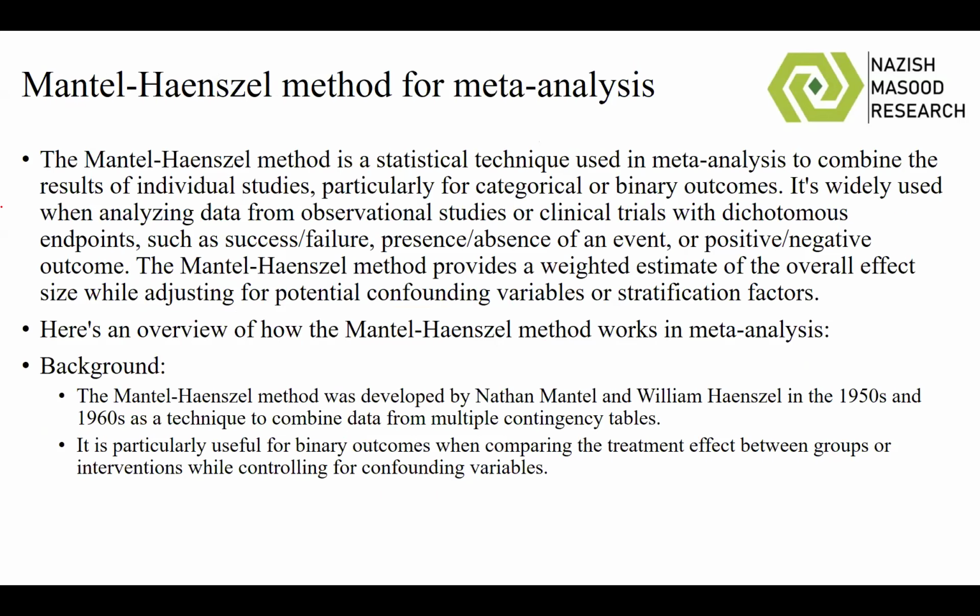For the sake of discussion, the Mantel-Haenszel method is a statistical technique which is used in meta-analysis to combine the individual studies. So basically, think of it like weighted estimates are calculated. The overall aggregated estimate, that diamond shape, is calculated using the Mantel-Haenszel method in the random effect model.